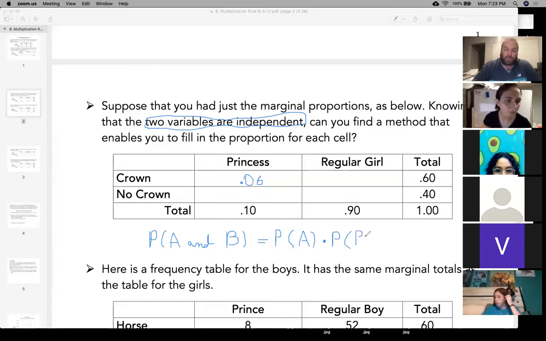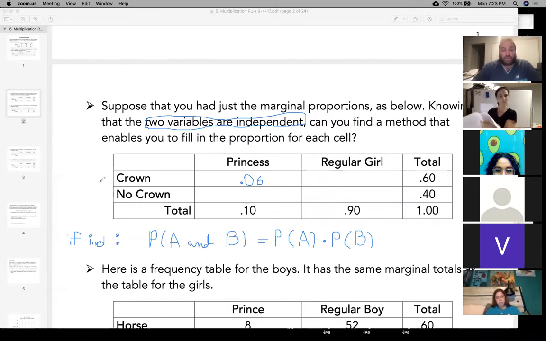The probability of A and B, if independent, then the probability of A and B is the product of the probability of A and the probability of B. If we haven't done that, don't worry about it. I'm sorry to confuse anyone. No, it's a great question because you should understand why. But this is the reason why.